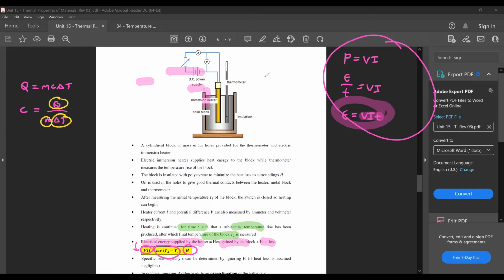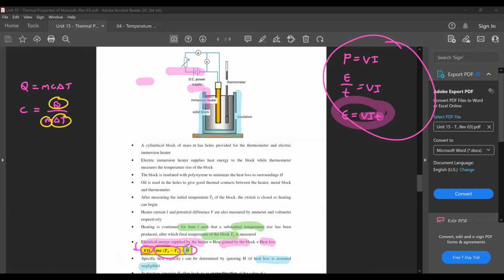Now a lot of times, if your insulation is really good, really thick, so that your heat loss is very, very small, so that it's negligible, you can actually ignore H here.